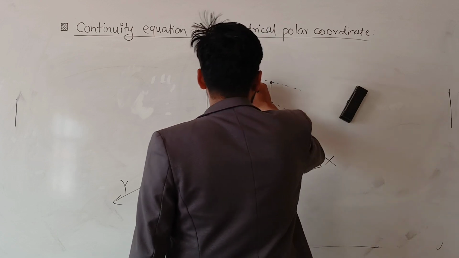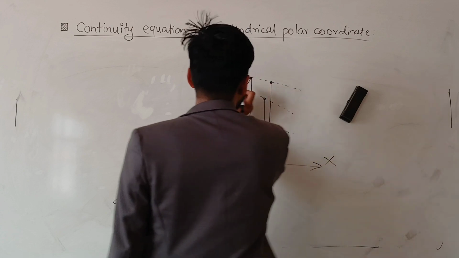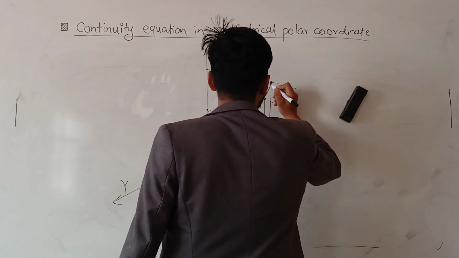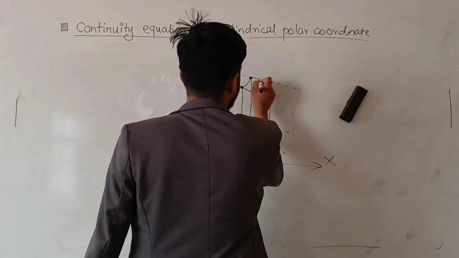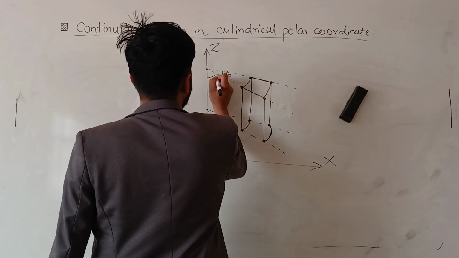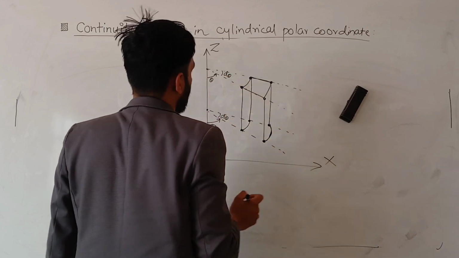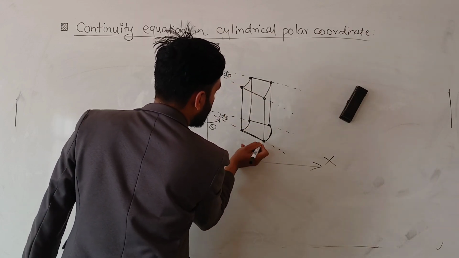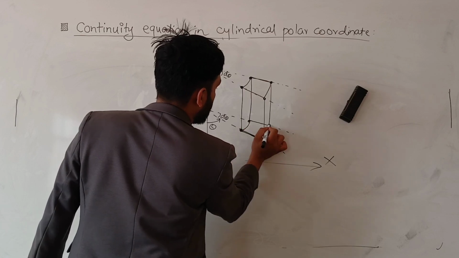So I've got a small parallelepiped here like this. And this is also d theta, right? I've constructed a small parallelepiped, and I'm gonna name these 8 points.